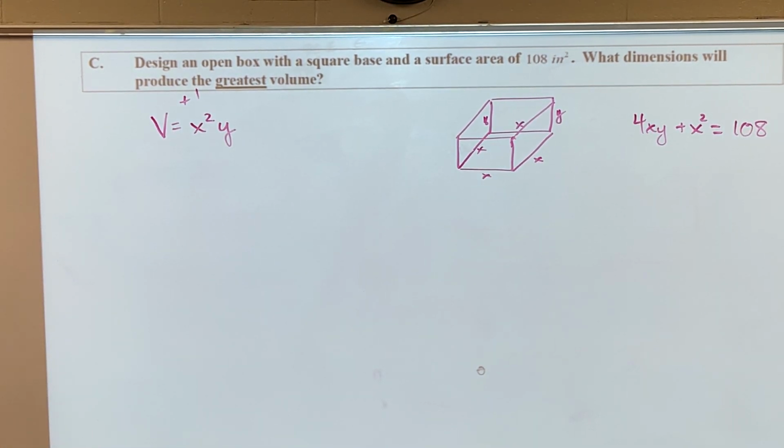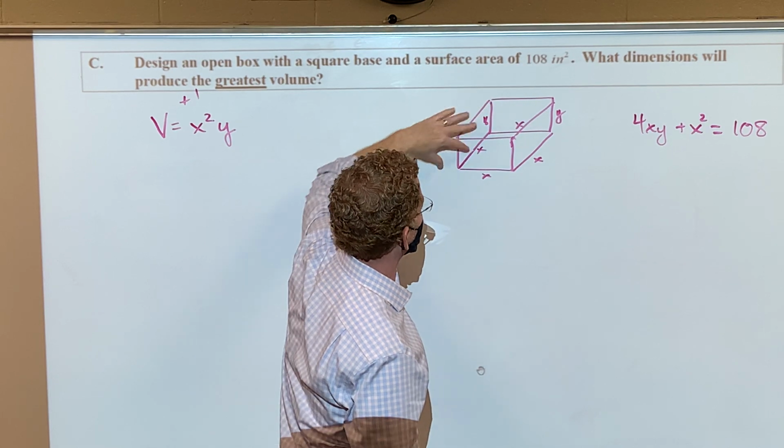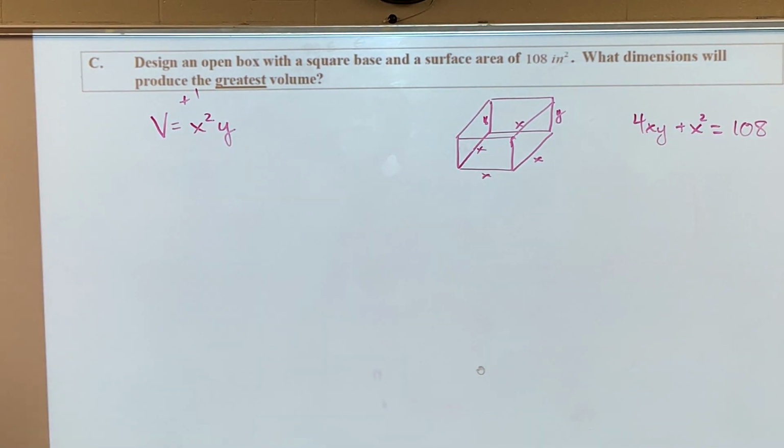For the surface area, would we do the surface area of the inside and the outside of the box? No. Just surface area would be just like whatever the areas of these. We're kind of pretending like there's no width to the box, even though I know it would have a little bit of width. So like the surface area of a cube is just the area of the faces.